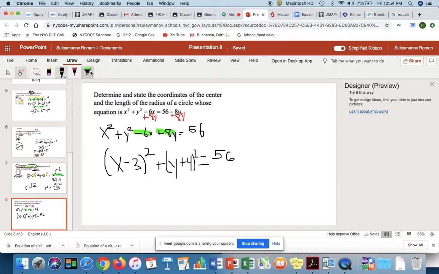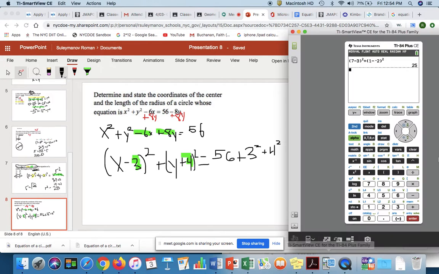So if we had 3 squared and 4 squared, we want to do that to the other side. So plus 3 squared, plus 4 squared. And then when we type this into the calculator, 56 plus 3 squared plus 4 squared. Remember, negatives don't matter. When you square a negative, it's just positive.